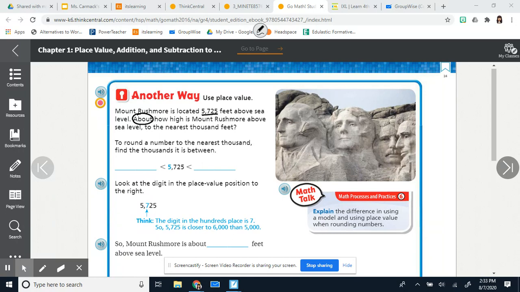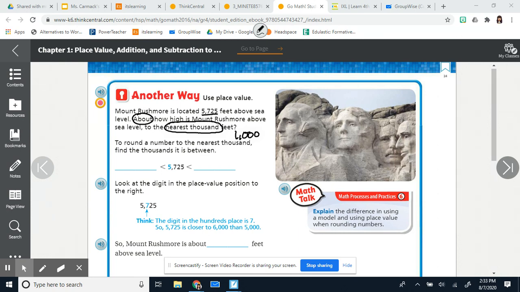So we need to round to the nearest 1,000 feet. So circle that too. So remember, this is what 1,000 looks like. There's 3 zeros. All right, so now we're going to round a number to the nearest 1,000. So we have to figure out first what thousands it's between.